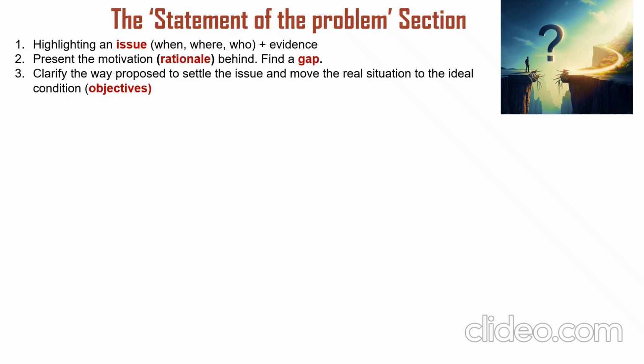If you have 2 objectives or 3 objectives, these are the only things that you are going to do in your study. Anything that doesn't appear in the objectives section is considered irrelevant, so they guide the whole operation.